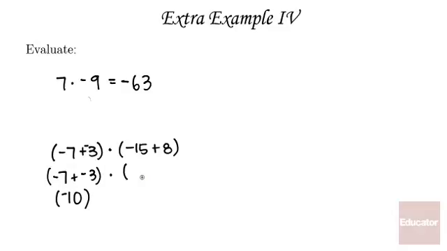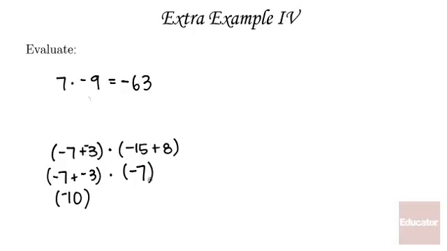The absolute value of negative 15 is 15, and the absolute value of 8 is 8. The difference of 15 and 8 is 7. And the sign we take from the 15, and that sign is a negative, so I give this a negative.